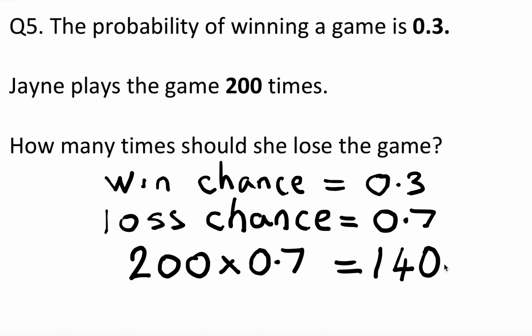And again, we need 140 what? In this case, games. So Jane, who played this game 200 times, is probably going to lose 140 times. That's the probability that she's going to lose. There's quite a lot of losses. I hope she enjoys the game, and I hope you're enjoying the music.